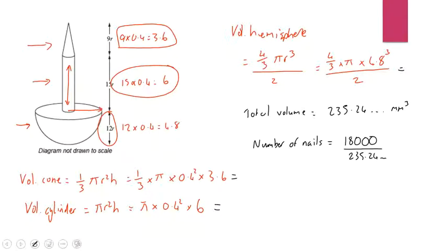So giving me an answer here of 76.516 and a bit more. So the maximum number of nails needs to be rounded, so we would round that back to a whole number, so it will be equal to 76.